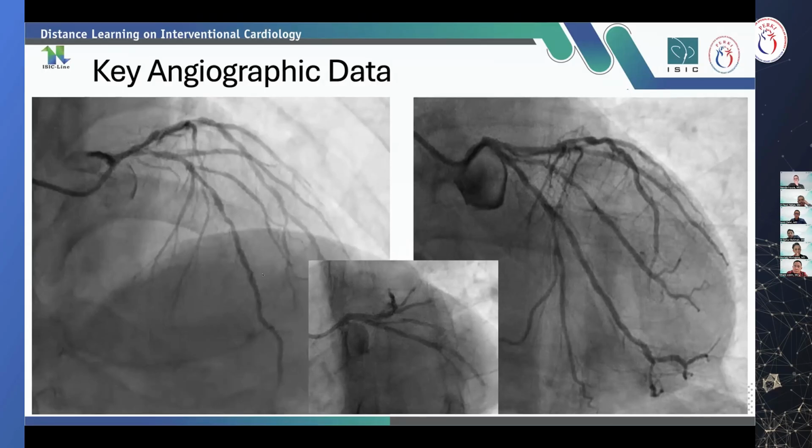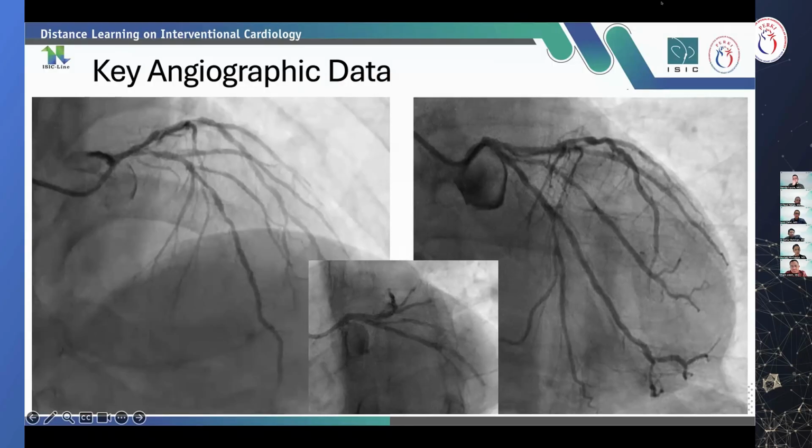Okay, you mentioned about the physiologic data. The patient already had a treadmill test, which showed a positive result. Should we use a functional test for such a case? Yeah, I think there's still room, even though the non-invasive test shows there is ischemia, because this is a very long lesion, so there is another thing that we can have by using the physiologic data, whether this is a focal lesion, even though we can see this is quite a diffuse disease.